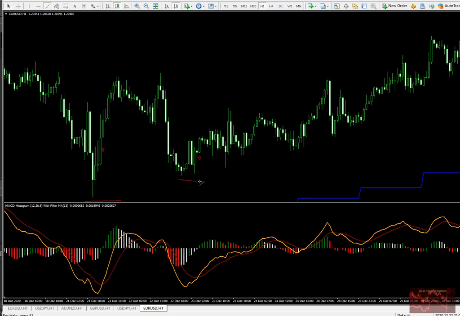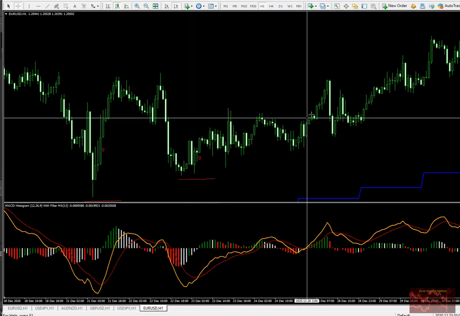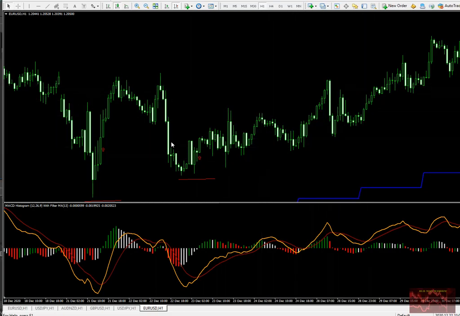Should you have decided to take it, it could be that you've entered here with a reasonable lot size, and then while this is running, you could enter a second time. So you've got two trades running, one at this level and one at this level. Both would have been winners. Again, it depends what your lot sizes are and what your account allows you to do.